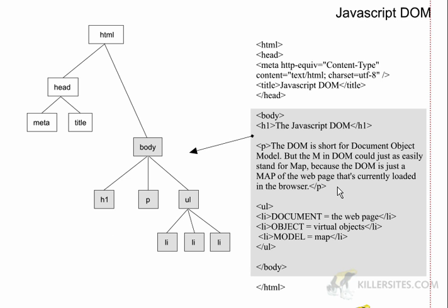And I think if you did this once or twice, it will really help you to understand the way the DOM works and how mapping a web page works. And this will actually help you quite a bit when you're writing JavaScript code that uses the DOM, which it does on a regular basis.